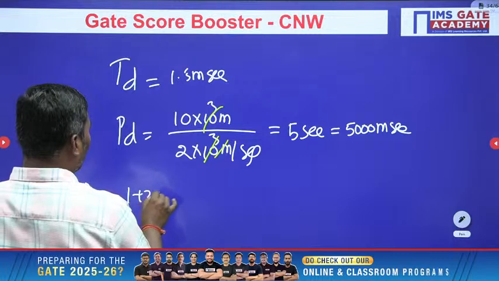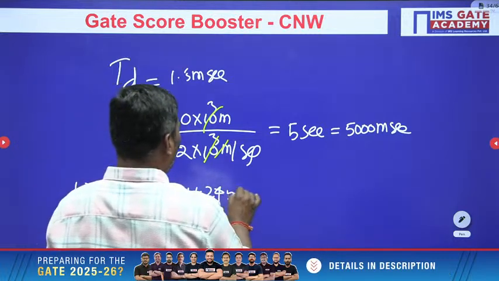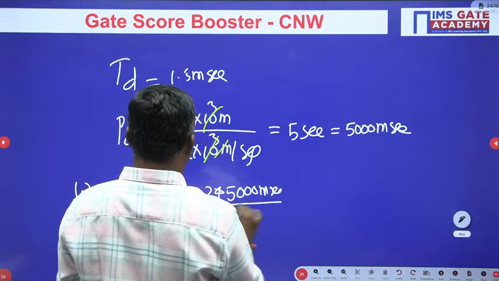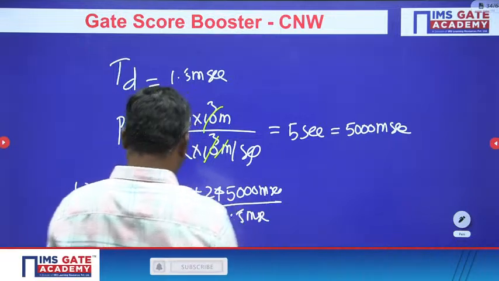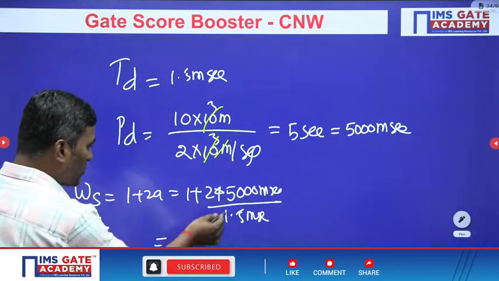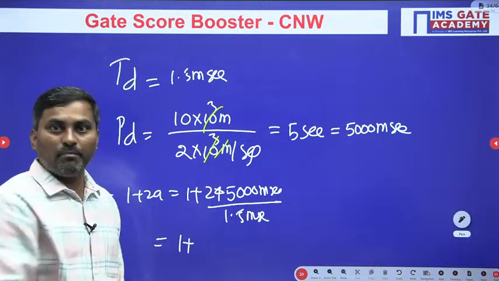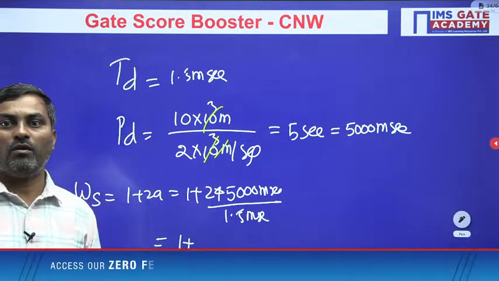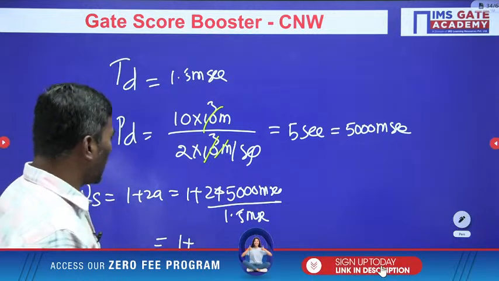As per this capacity, 1 plus 2 times A, 1 plus 2 into propagation delay, 5000 milliseconds divided by 1.5 milliseconds, correct or not? This value will be almost 10,000 by 1.5. A very big number is coming, correct? Okay, in terms of seconds you can keep it also, no problem.